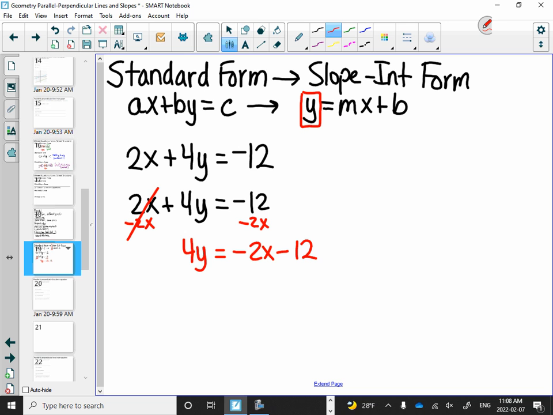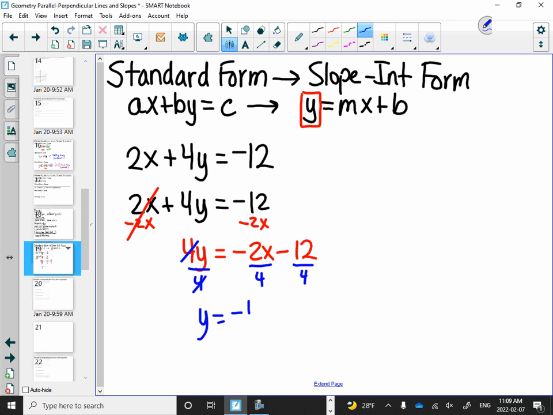Now what do I need to do? Okay, divide by 4. Because in order to get y by itself, we've got to undo this 4. Now, here's something that we forget. You have to divide this by 4 and this by 4. You got to do both of them. Now, what does this simplify to? Negative 1/2.